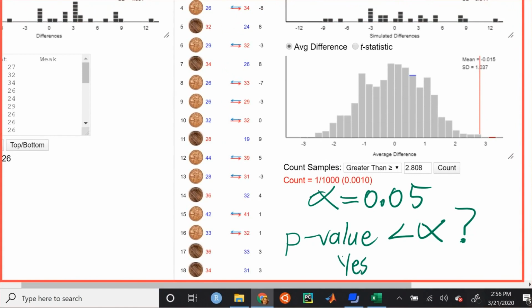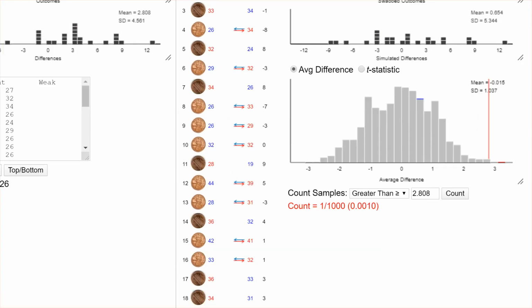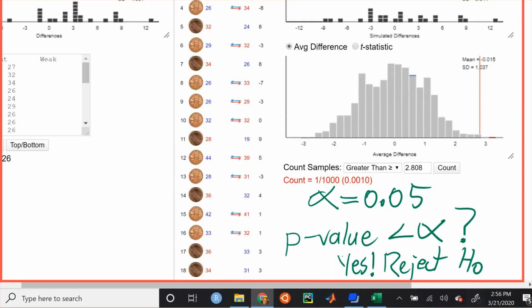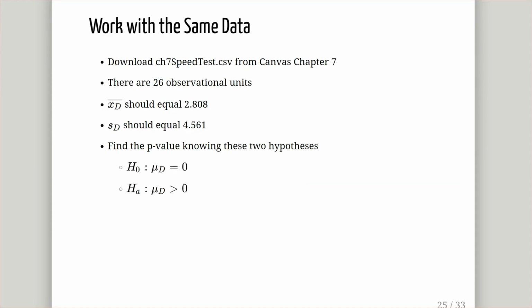Yes. So we will reject the null hypothesis. If we reject the null hypothesis, what are we going to conclude? Yeah, if we reject the null hypothesis here, what will we conclude?